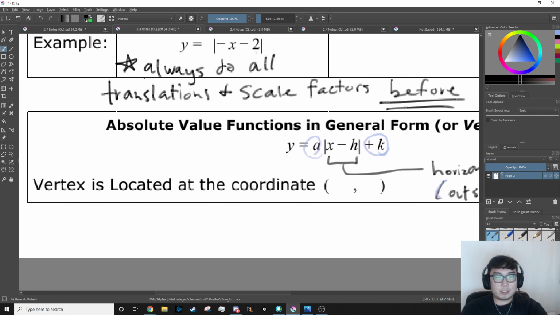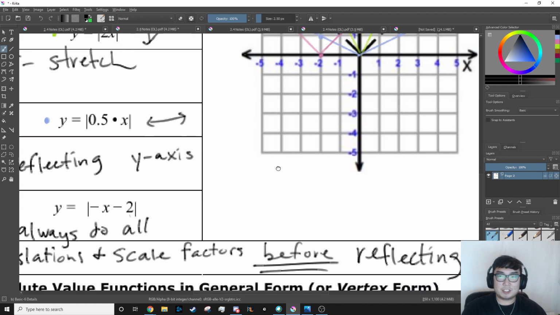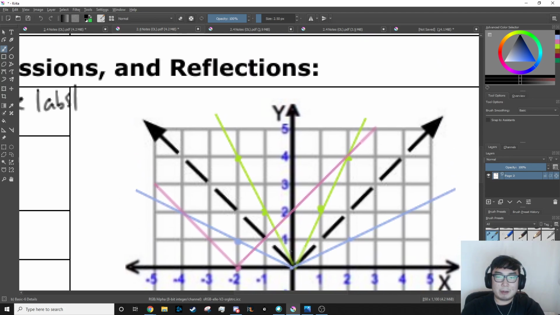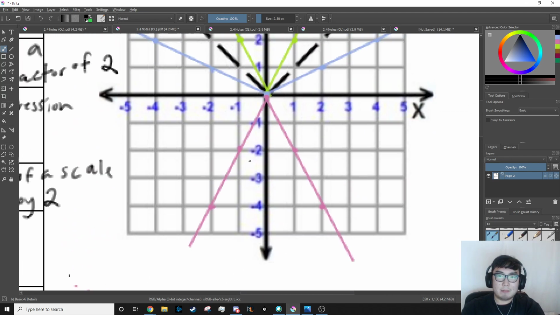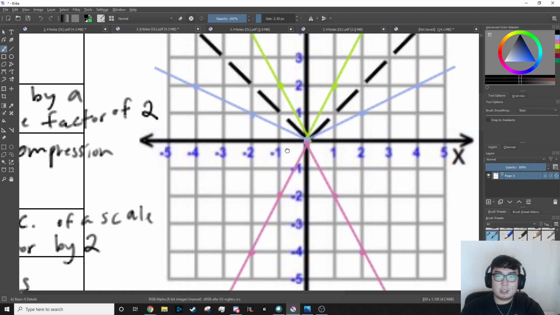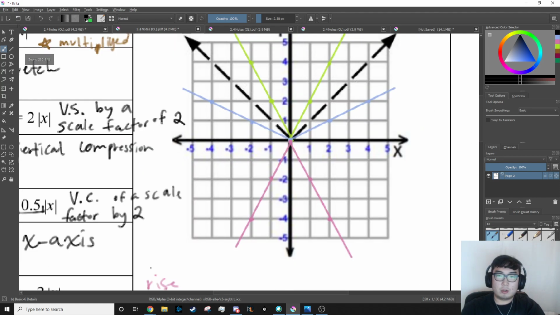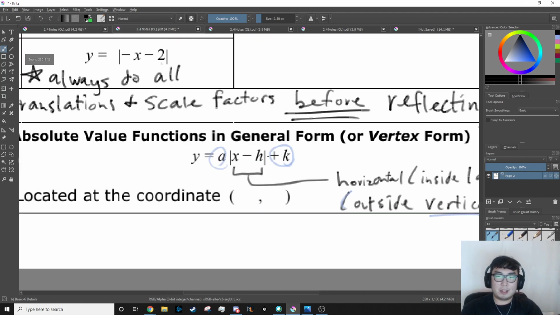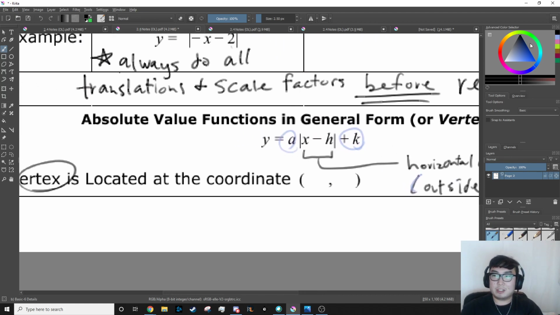So to find the vertex, remember how I told you that the vertex was kind of like the meeting point of the two halves? As in the vertex is right here for my pink graph. And my green and my blue graph are right here, and also my parent function is here. My vertices are all in the middle, which is 0, 0, or the origin. So how do I find the vertex of this? The equation is actually pretty simple.